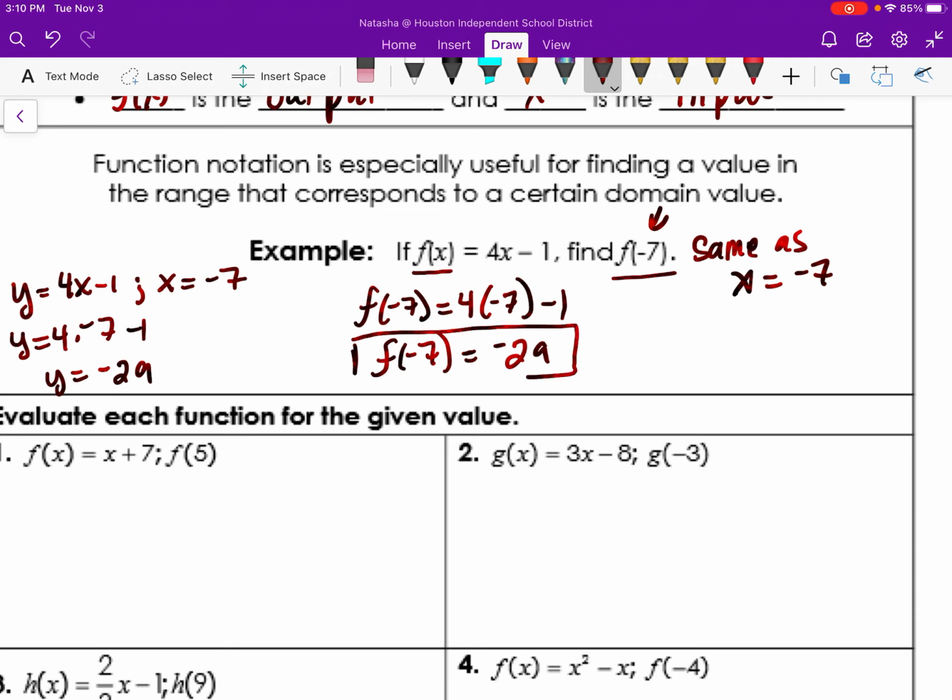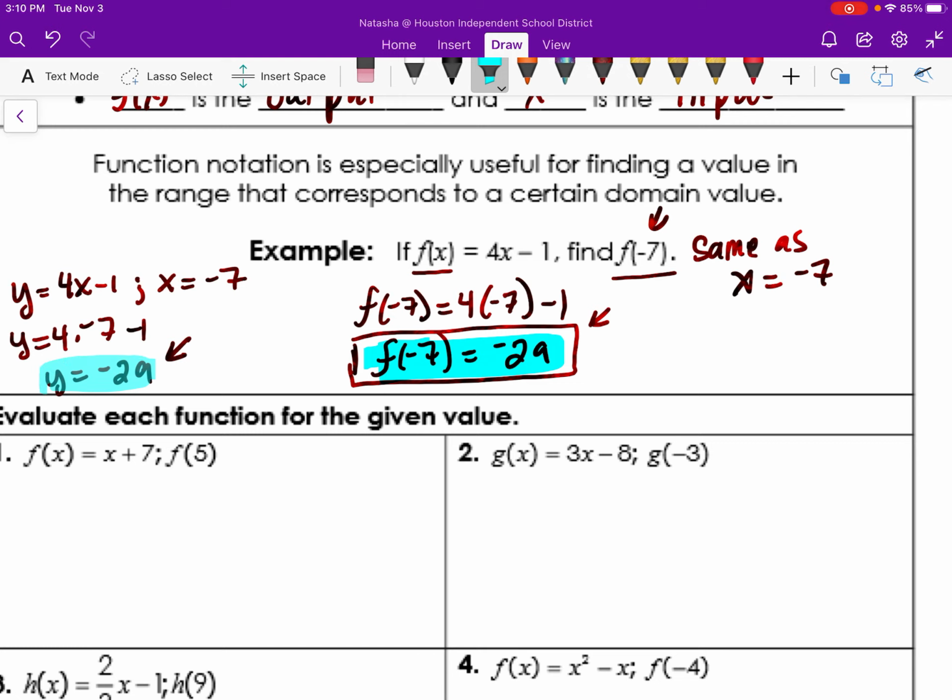Now what makes using function notation powerful is if I look at this final result versus this final result, this function notation result tells you everything you need to know. It tells you that the negative 7 is your input and the negative 29 is your output.